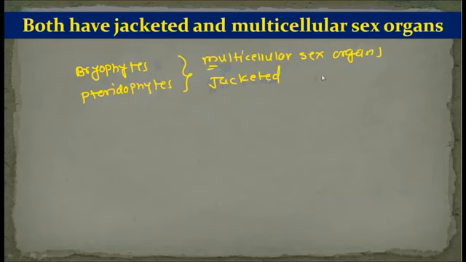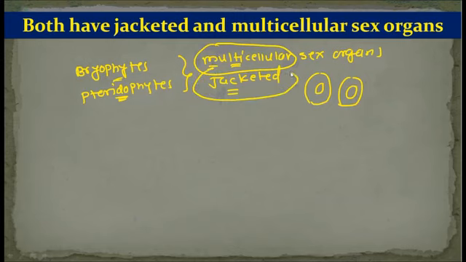Jacketed means they have an external covering of jacket around the sexual organ, found in both bryophytes and pteridophytes. So this is the third similarity between the bryophytes and pteridophytes.